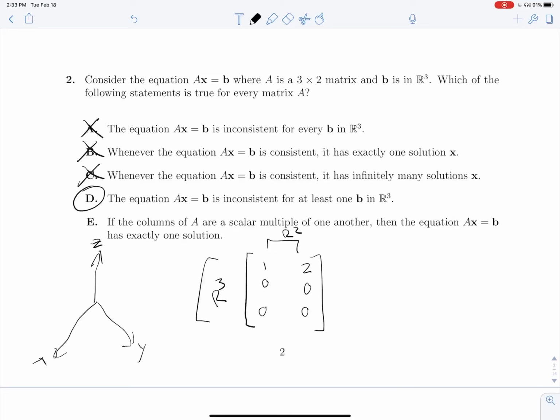It will take all the x basis vectors and put them in the same spot, but it'll take the y basis vector, there's just one, and put it along the same line. So that is going to give us this infinite line. And so you can hopefully see how we're taking 2D space and compressing it into one dimension, so we're going to have infinitely many solutions instead of only one. So there we go, D is correct.